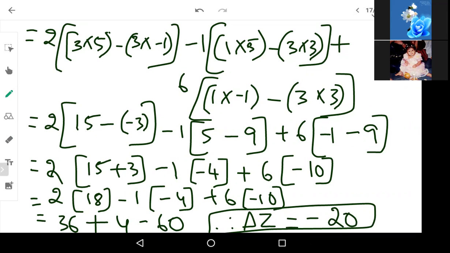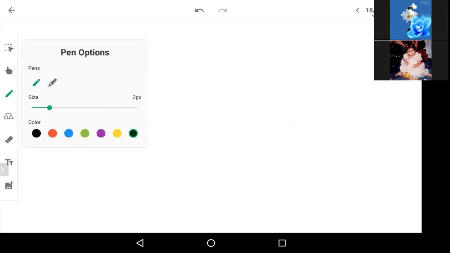Clear? Any doubt still here? Everybody understood? Good. Now, final step. Final step is finding out x, y, and z. Now, let us find out x, y, and z.